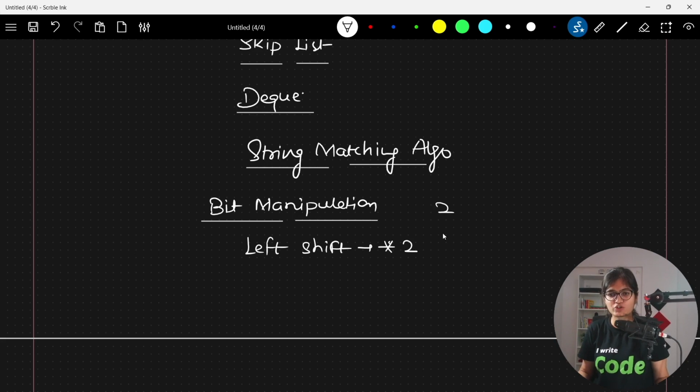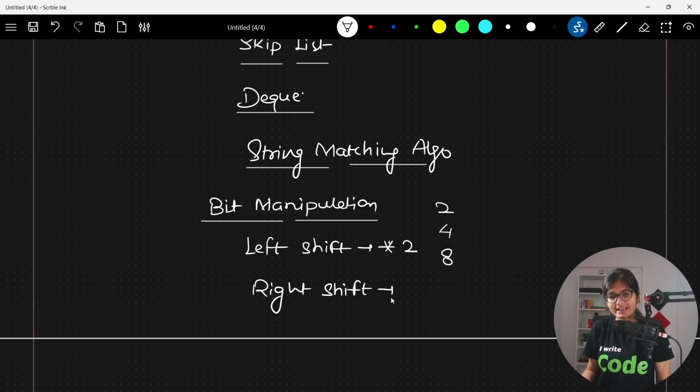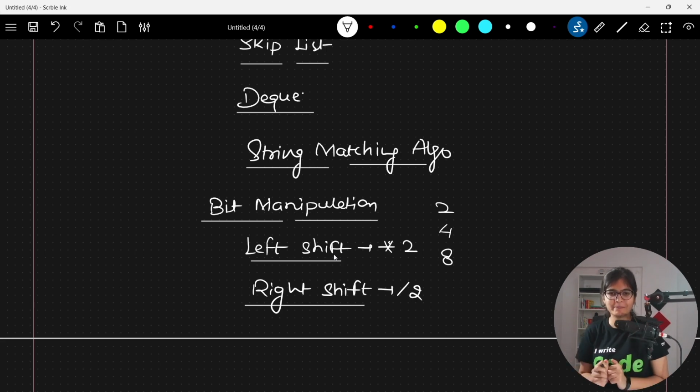For example, you have 2. When you left shift by 1, you get 4. When you left shift by 1 again, you get 8. Similarly, a right shift gives you a division by 2. You will understand all these things once you are done with bit manipulation, which mainly helps with mathematics-type questions in DSA.